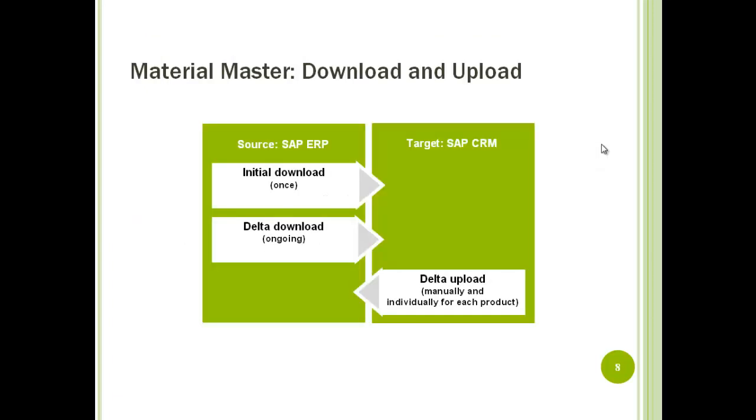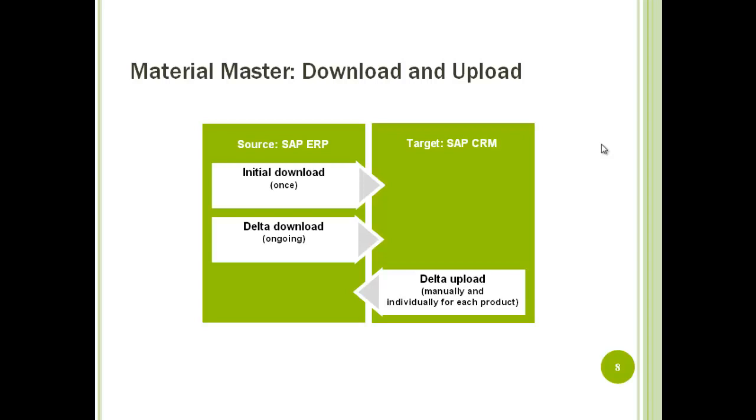Now the material master download and upload: as you can see, the initial download is done only once and delta download is an ongoing process. The material master data is replicated from the ERP system to the CRM system by the CRM middleware, and the adapter object in question is material. So you have to remember the adapter object is material in this case.